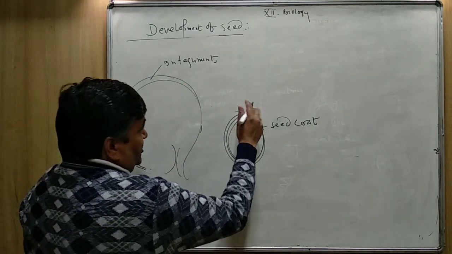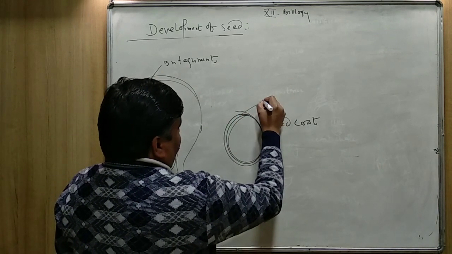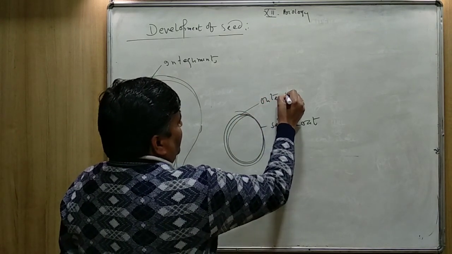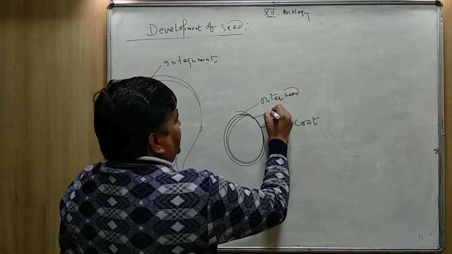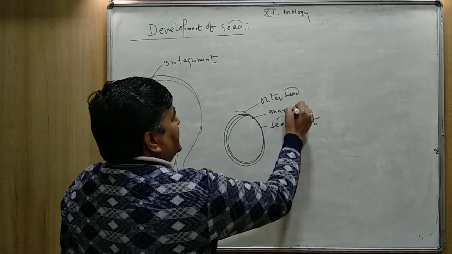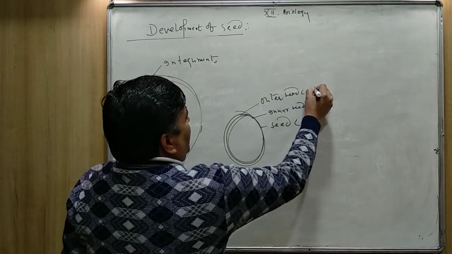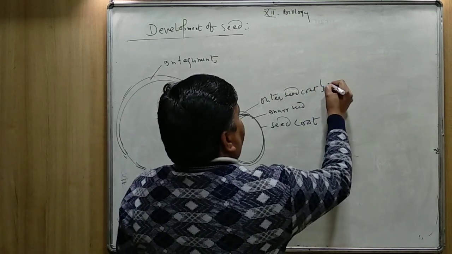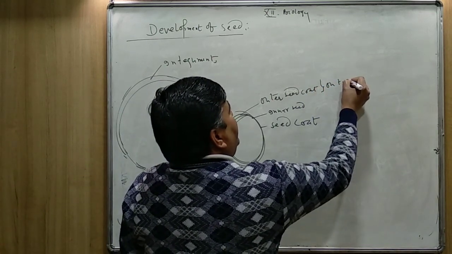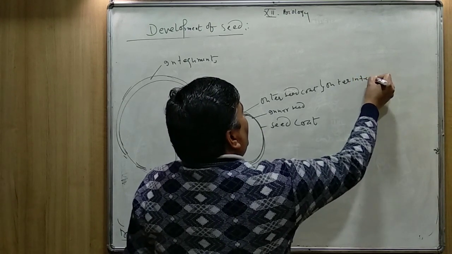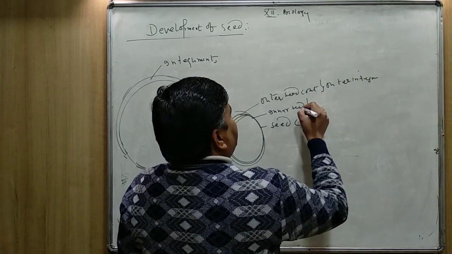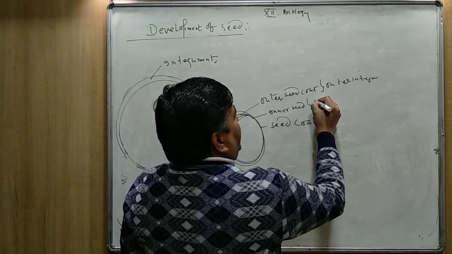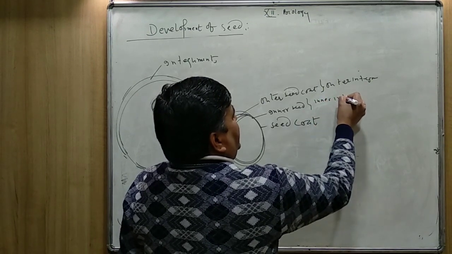The seed coat also has two layers. That is outer seed coat, and this one is the inner seed coat. The outer seed coat is the product of outer integument, and inner seed coat is the product of inner integument.